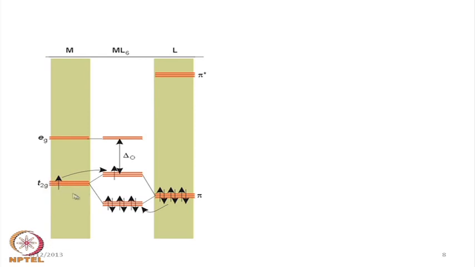The T2g symmetric orbitals from that representation will now overlap with the metal T2g orbitals, giving bonding as well as anti-bonding orbitals. And if only the pi levels are filled, that means the ligand is functioning only as a pi donor ligand, like our iodide, chloride or sulfide.